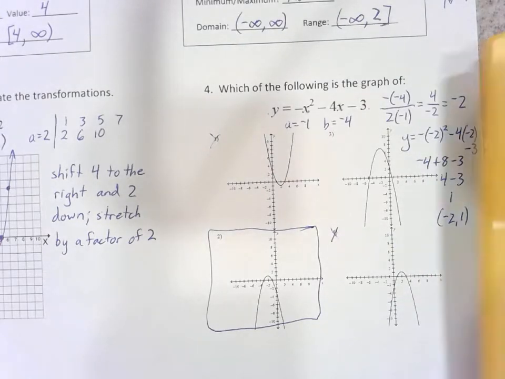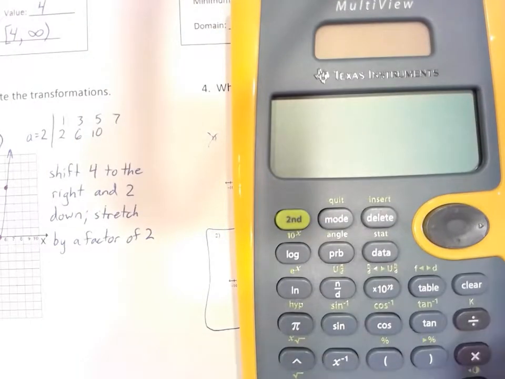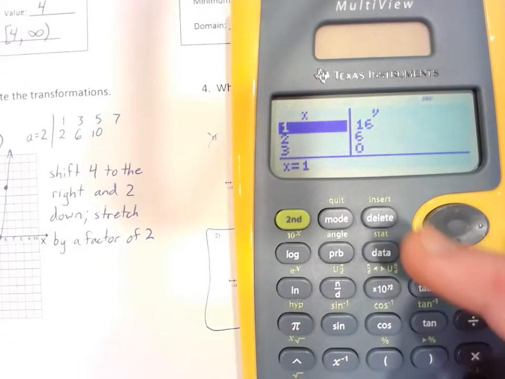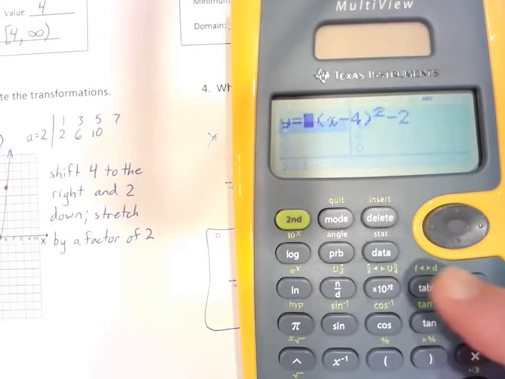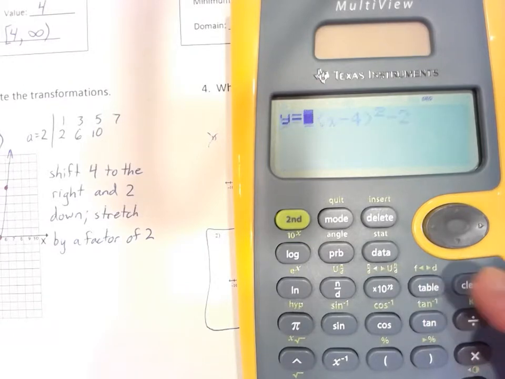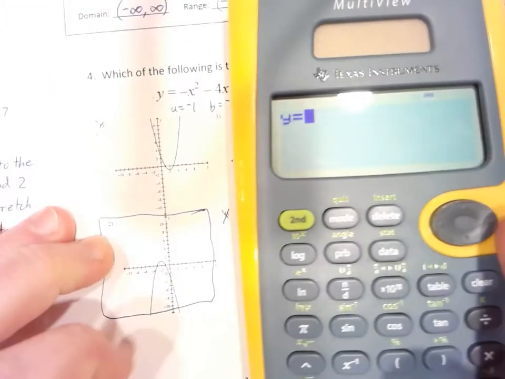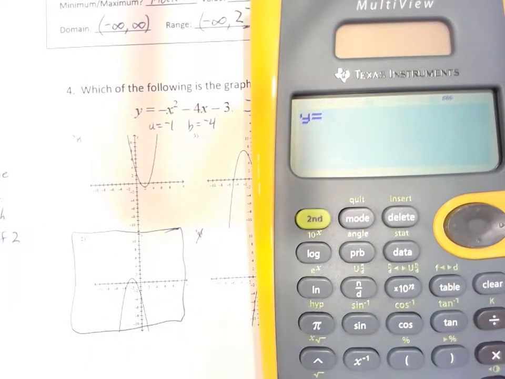Again, we could use the calculator and go to table, clear the equation out, and enter the given equation: negative next to the enter key, then the x next to the 4 key, squared next to the 7 key, minus 4x, next to the 4 key, minus 3.